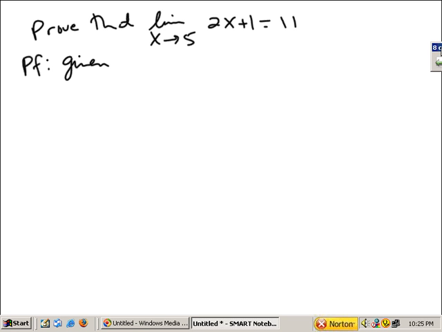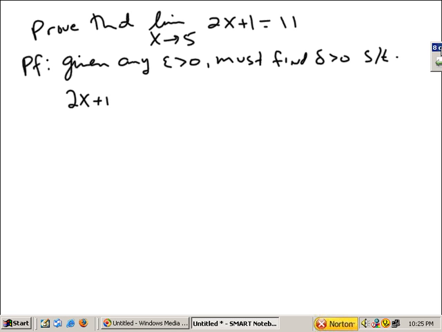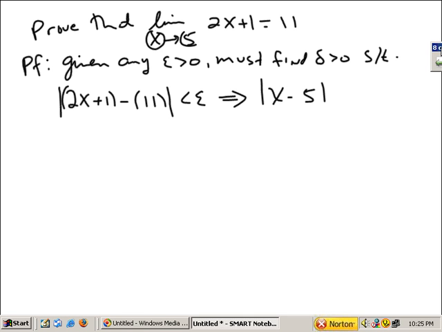Given any epsilon greater than 0, we must find delta greater than 0 such that the absolute value of f of x, 2x plus 1, minus the limit, which is 11, being less than epsilon, implies that x minus c, this minus that, is less than delta.